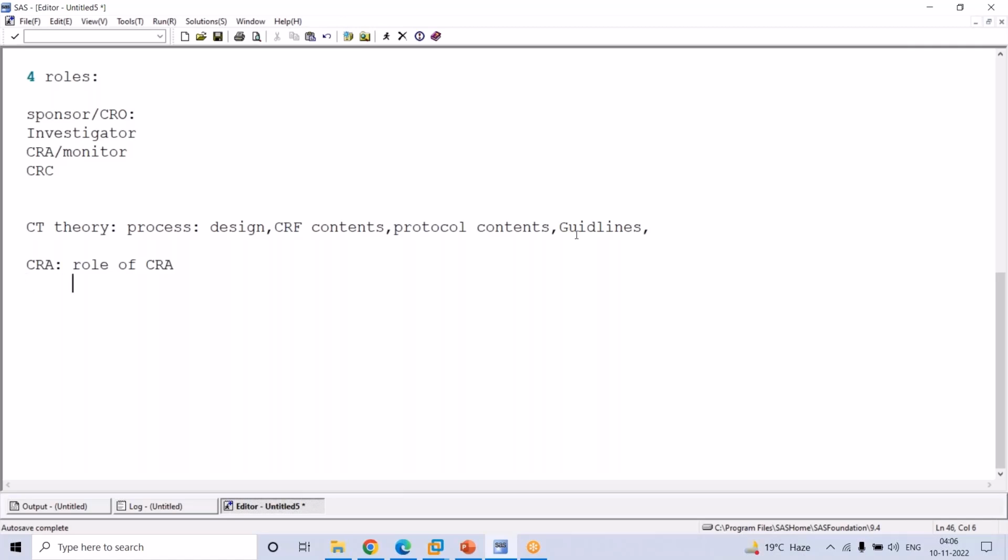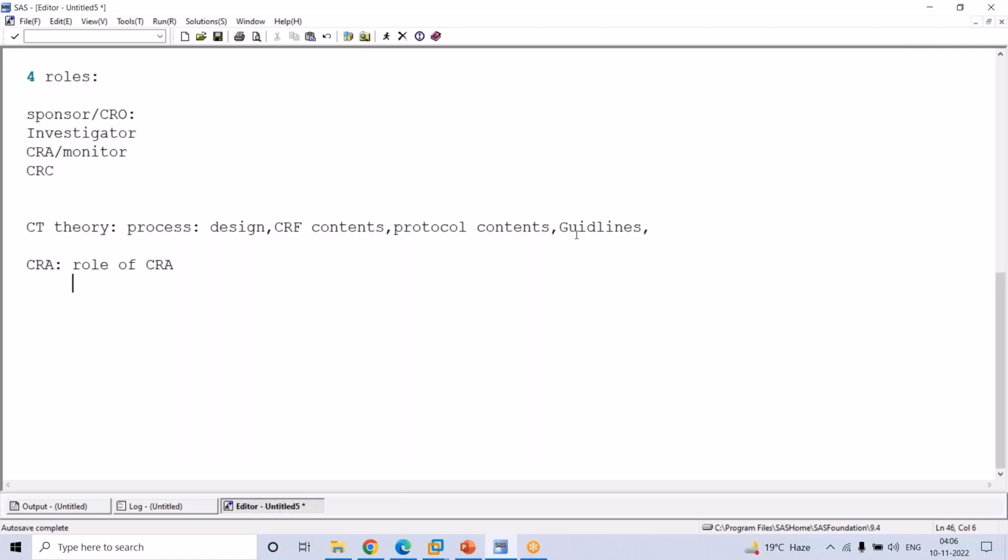I'm going to cover, in each site visit, as we discussed, the 4 types of visits, what exactly the CRA does in each visit. Site selection, site confirmation, source data verification. What are all the documents required, the essential documents?